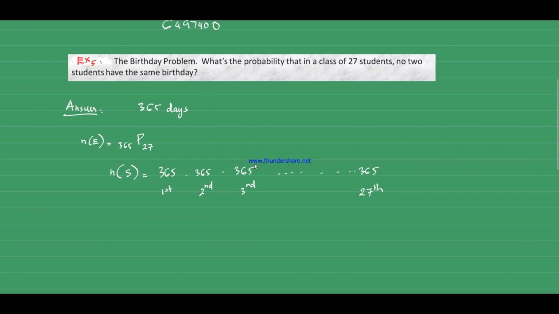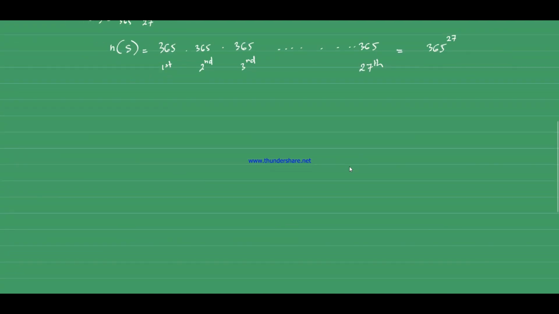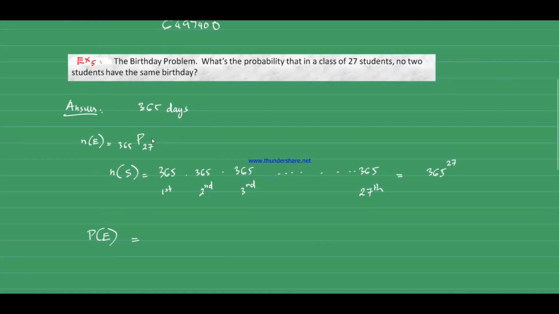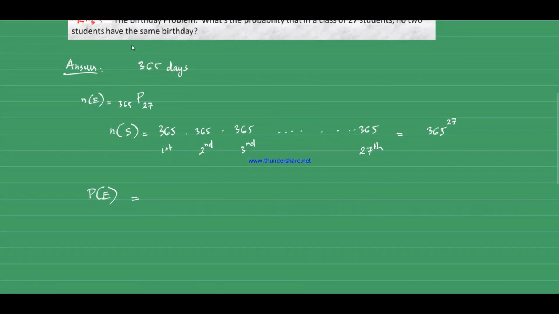Then the sample space over here is 365 raised to the 27th power. Then from here I can go ahead and calculate the probability, which is that none of them have the same birthday. This is a permutation right over here, so this makes sense.